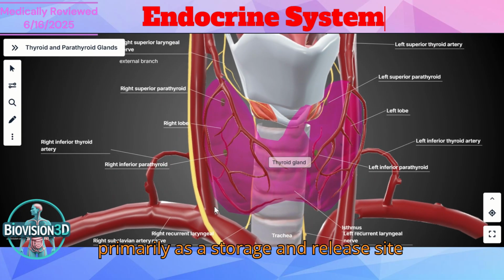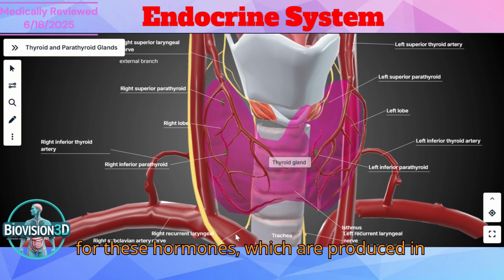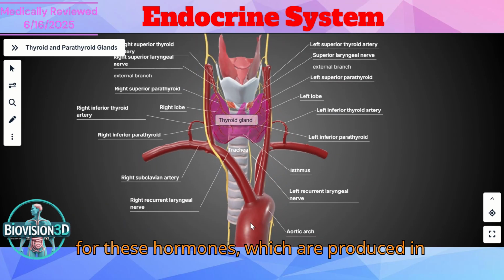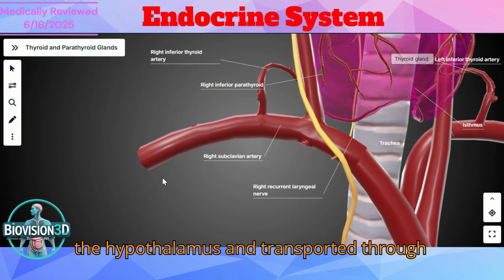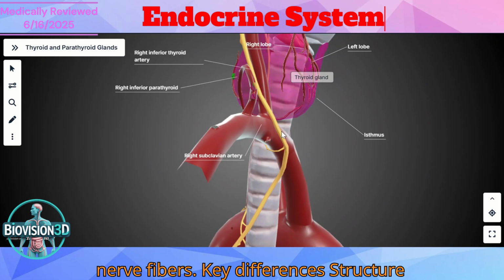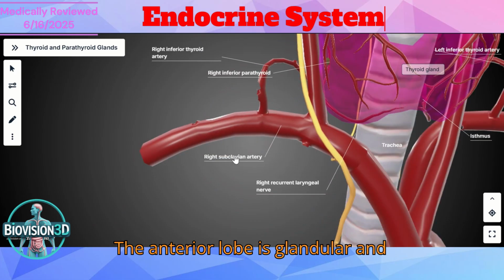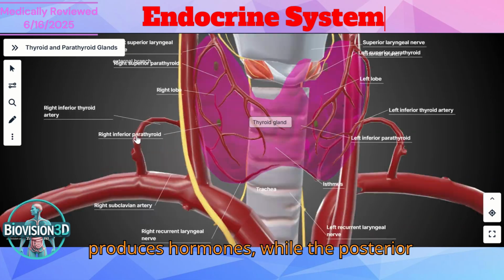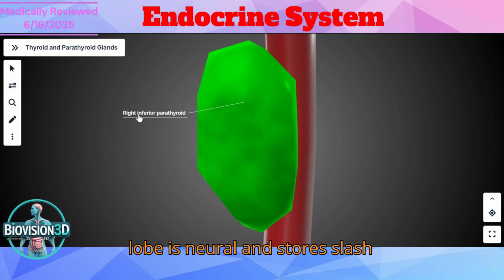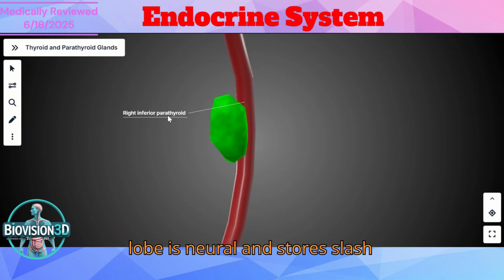The posterior lobe acts primarily as a storage and release site for these hormones, which are produced in the hypothalamus and transported through nerve fibers. Key differences. Structure: the anterior lobe is glandular and produces hormones, while the posterior lobe is neural and stores and releases hormones.